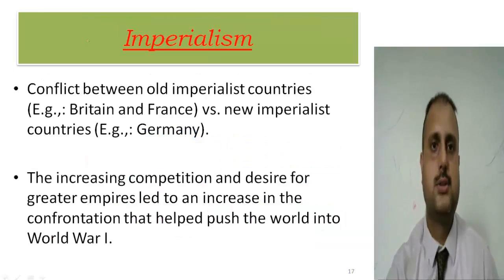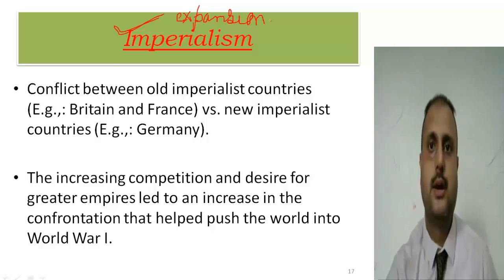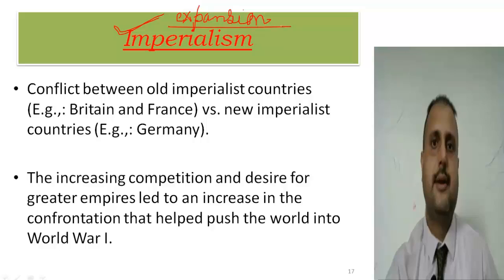Another important cause was imperialism. Imperialism, I have already said, means expansion of state control over another country's territory. So every country was expanding its territory. On one side, England and France were expanding their territory.